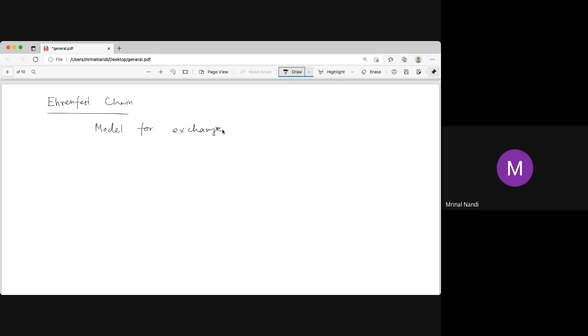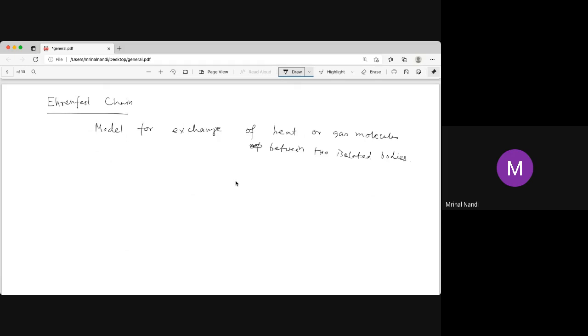Basically, this stochastic process came from physics. It started from Brownian motion, the exchange of heat or gas molecules between two isolated bodies. Basically the stochastic process came from physics, from Brownian motion or the kinetic theory of gases.